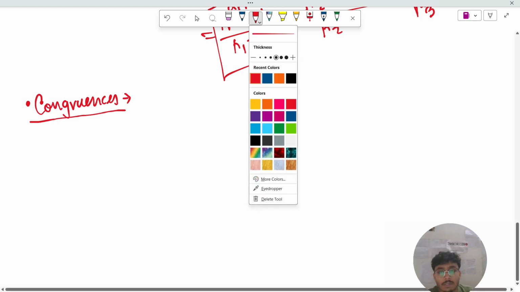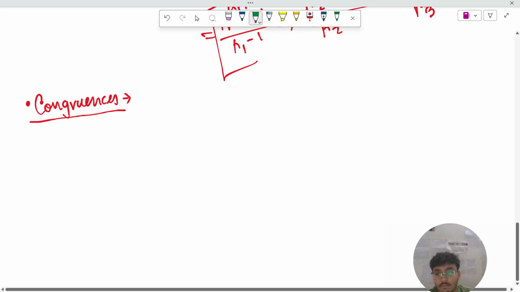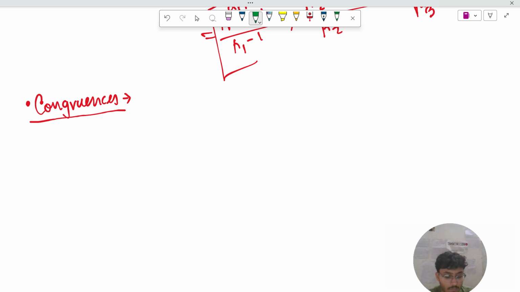Okay, so I'll be starting with green. It's my favorite color. So my statement in congruences is basically A congruent to B mod N. This is basically what the full chapter on congruence deals with.